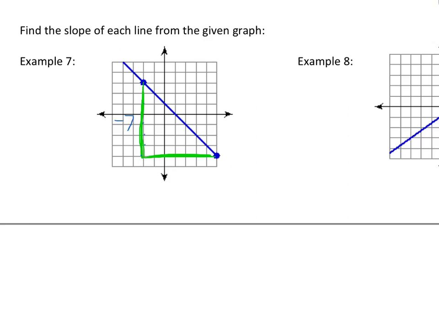The run would be 1, 2, 3, 4, 5, 6, 7 units positive to the right. So rise over run would be negative 7 over 7, which reduces to negative 1 over 1, or just negative 1. And that is that slope.